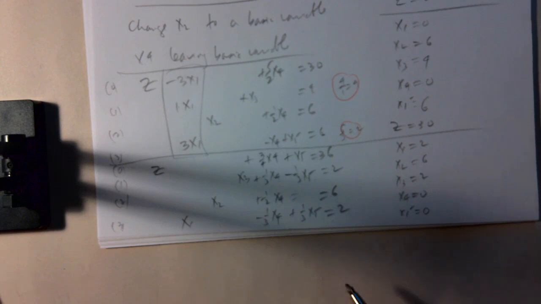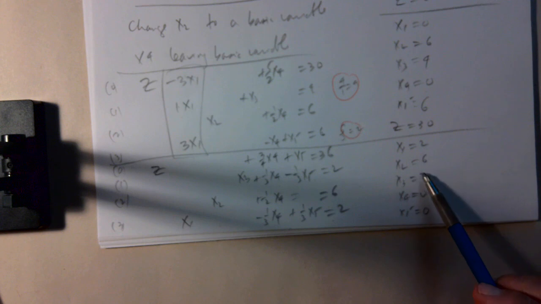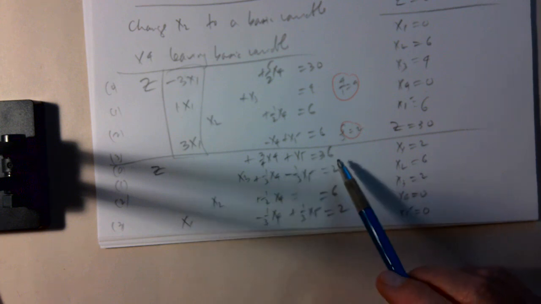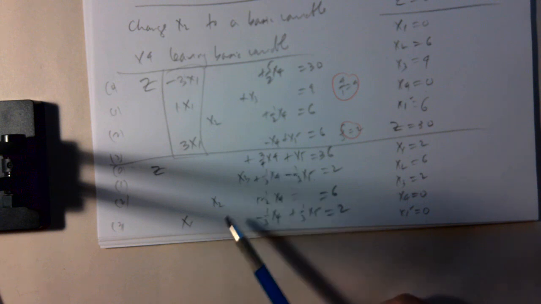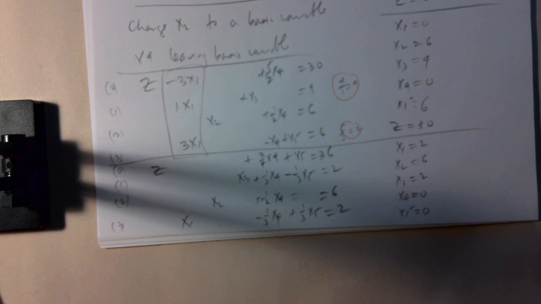So if you look at what we have for this choice of variables, z is equal to 36, and x4 and x5 are 0. Any increase in the variable x4 or x5 would decrease z.